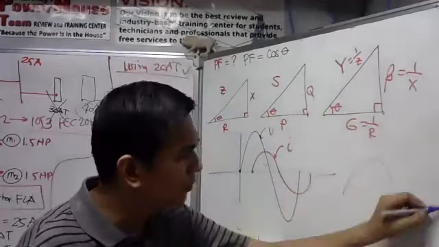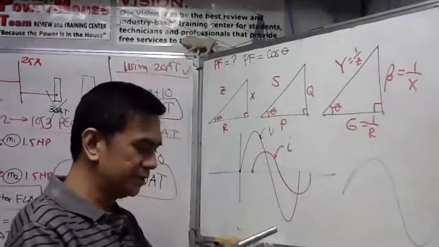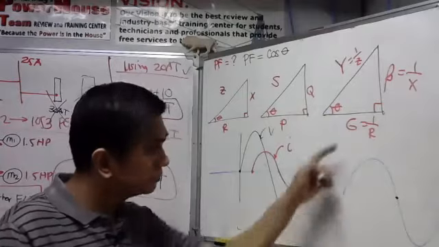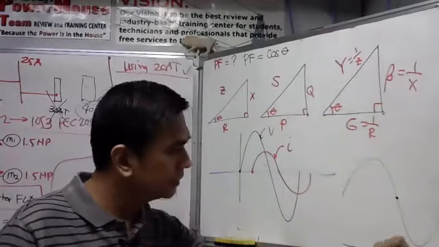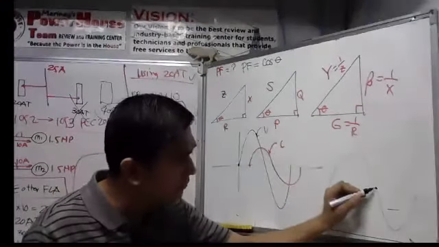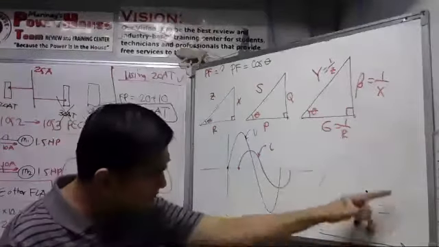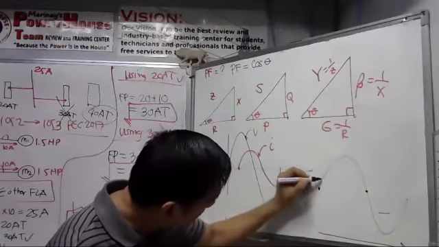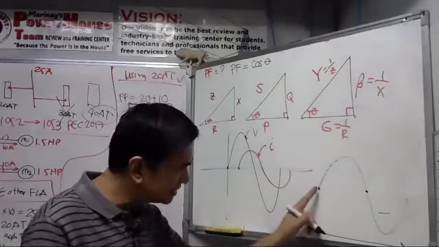If you have your waveform like this, question, is this a starting point of this waveform? From left to right? No, this is not the starting point because the next point is already negative here. The starting point of this waveform is this point. Then the next point here will become positive. That is now the instantaneous value.